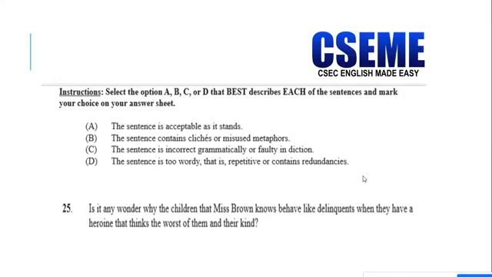All right, so the answer is C. So all of those persons that said C, you are correct.